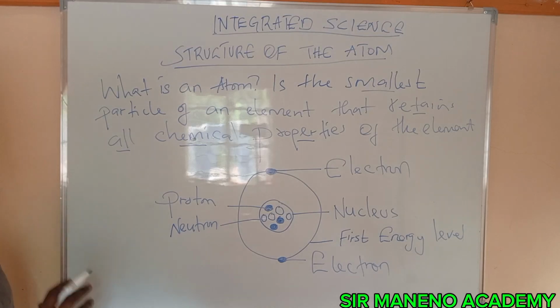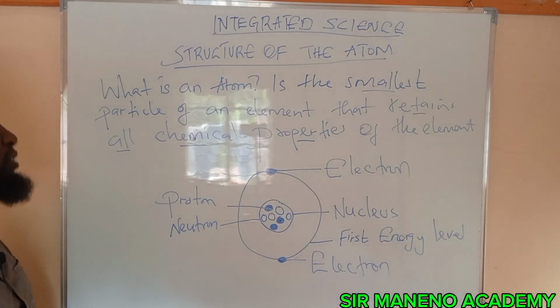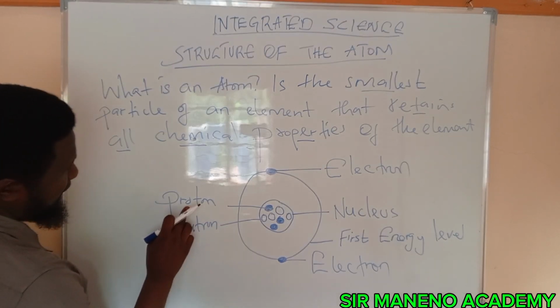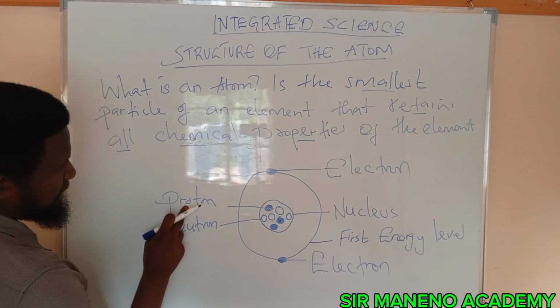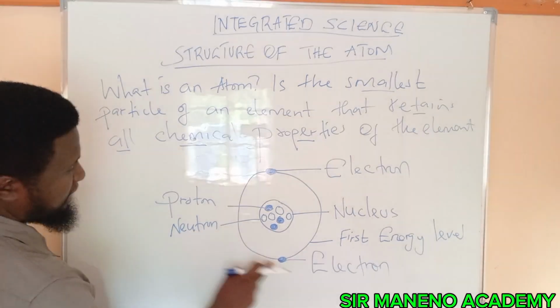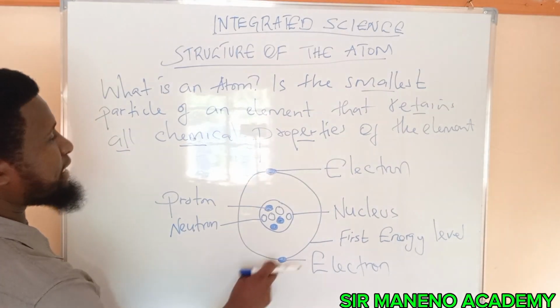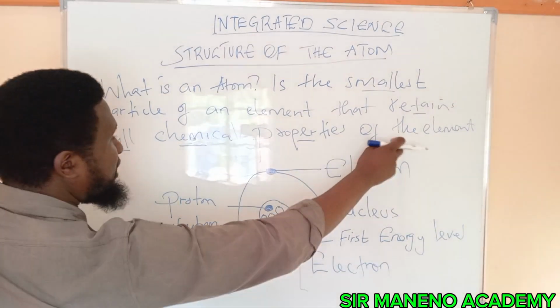So having seen how an atom looks like and what we mean by an atom, I also want you to have the following points. Now, before I go to the points, I want to say this. These subatomic particles, which are protons, neutrons and electrons, are the ones which dictate the chemical properties of elements.